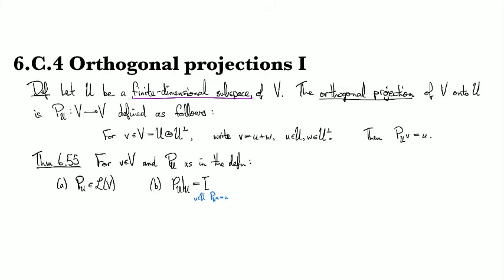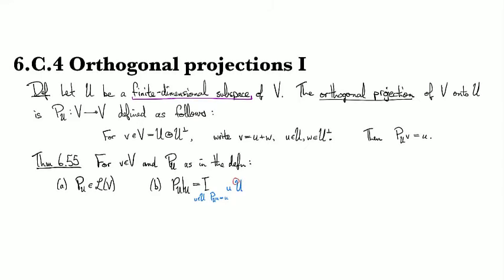And by the way, notice we've got capital and lowercase u's, so I'll try to be careful and always write lowercase u's like this and uppercase U's like this, including the serif here, so that you can distinguish the two. Then we also have that the range of the projection onto U is all of U.